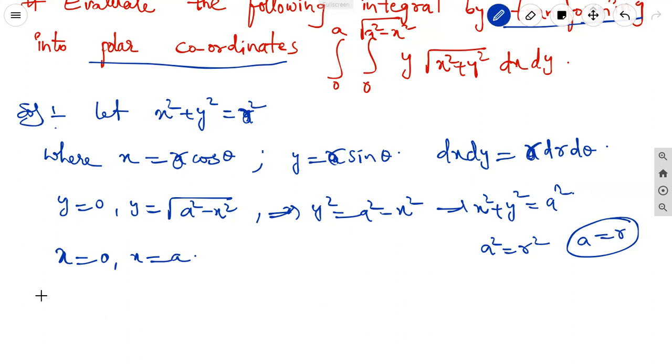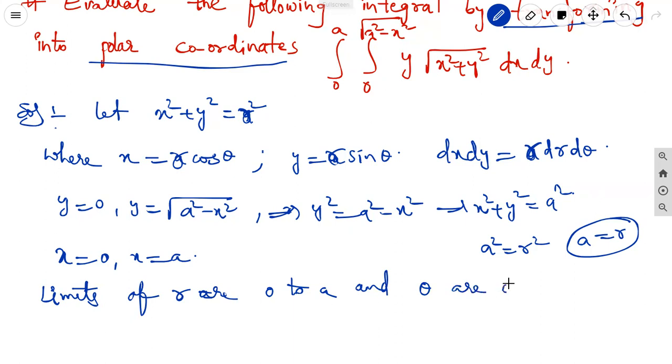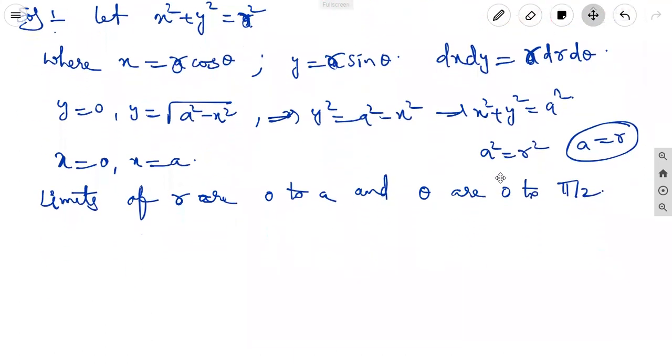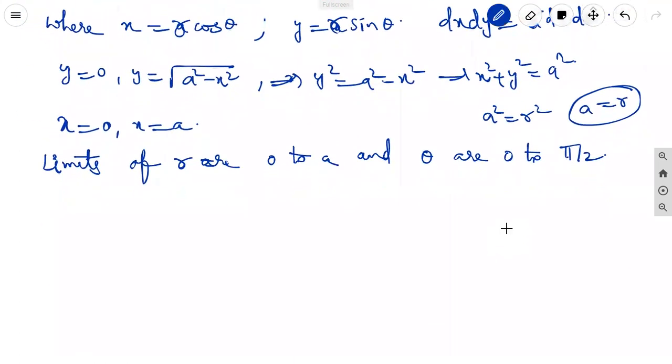Here we know that the limits of small r are 0 to a and theta limits are 0 to pi by 2 only. Why? Because it's a circle, in the x and y coordinates, that is 0 to pi by 2 only. For that, we can compare the limits to polar form.